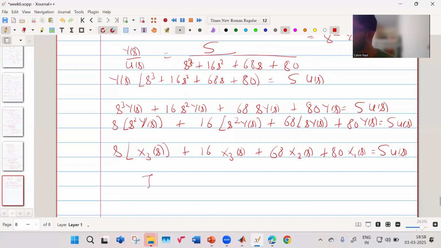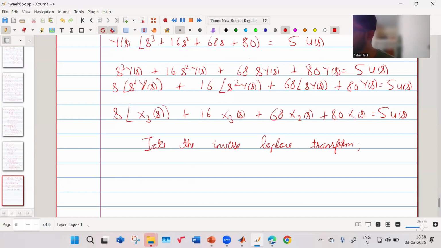So when you take the inverse Laplace transform, what will you get? x3 dot of t plus 16x3 plus 68x2 plus 80 into x1 is equal to 5 into u.